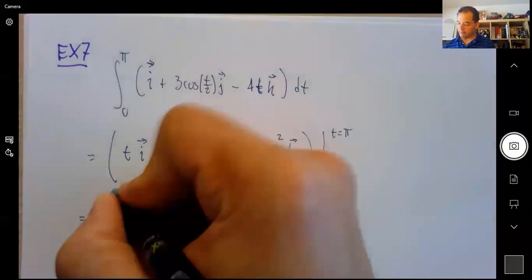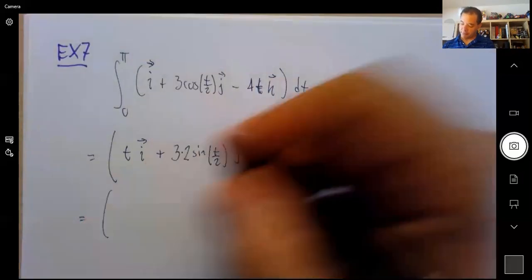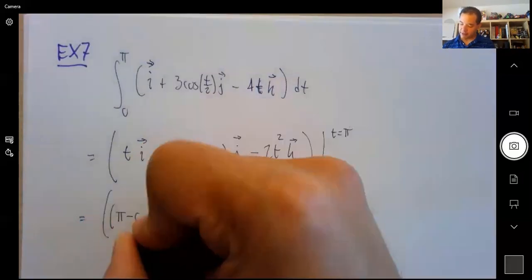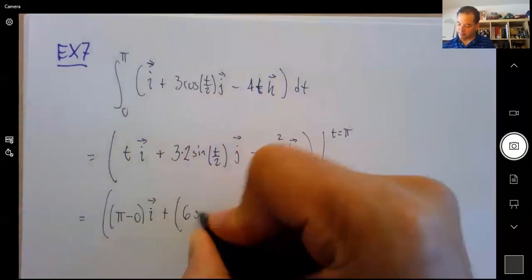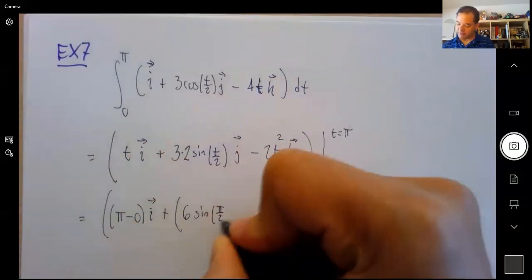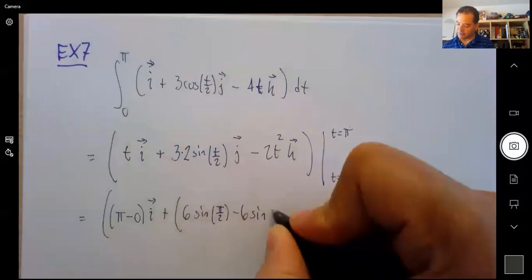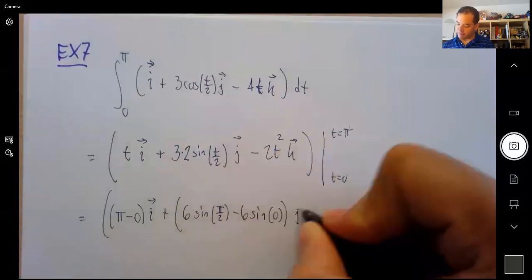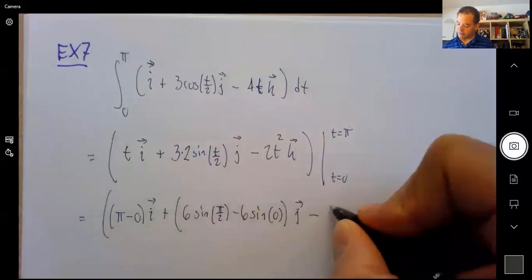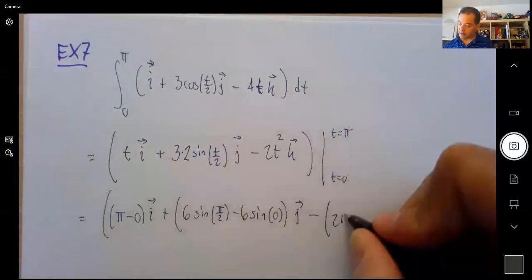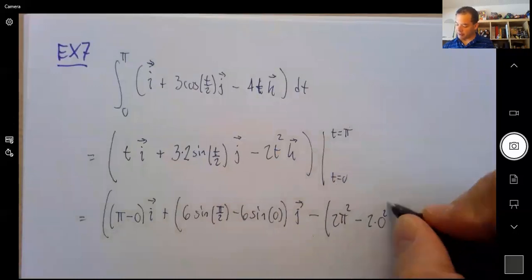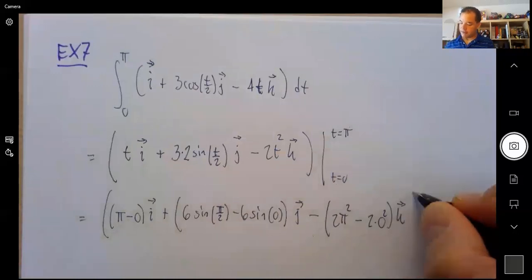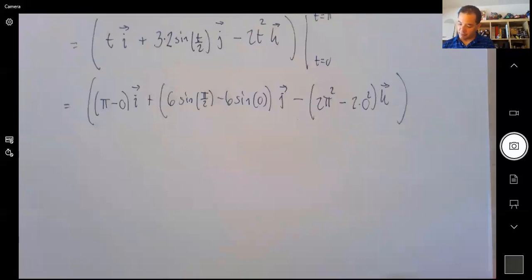So here we go, pi. So it will be pi minus 0 times i plus 6 sine pi over 2 minus 6 sine of 0 times j minus 2 pi squared minus 2 0 squared times k. And that's my answer. I just simplified a little bit.